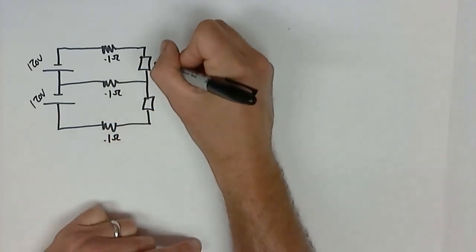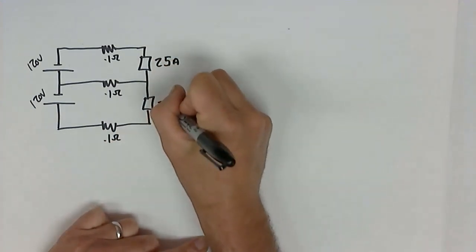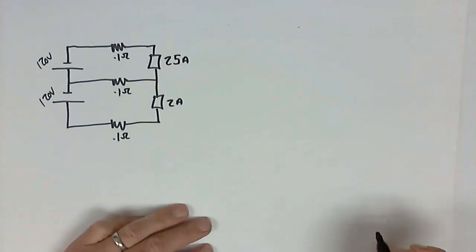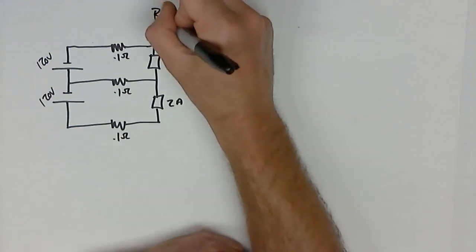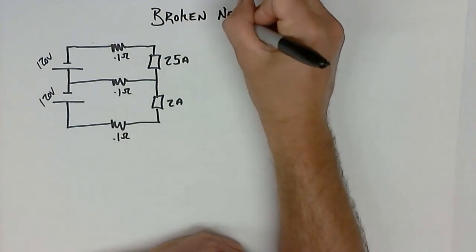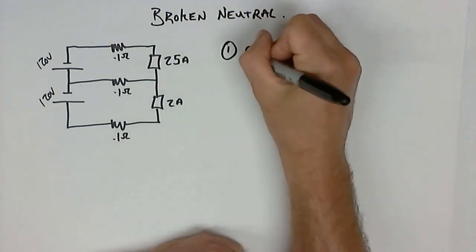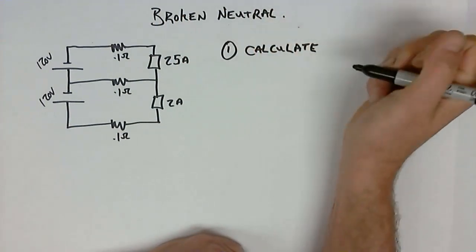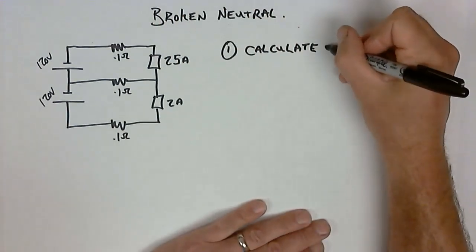And I have a 25 amp and a 2 amp load. Now, when the neutral breaks, same steps I have to go through. So we'll just put a caption on here: broken neutral. First step, calculate voltage across the loads with intact neutral.